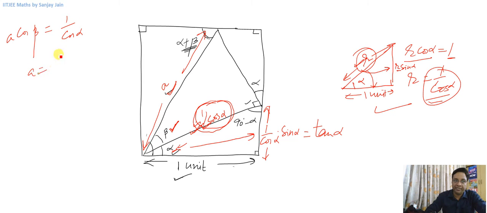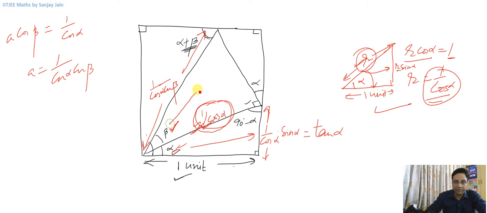So what is A? It is equal to 1 by cos alpha cos beta. So this length here is 1 by cos alpha cos beta.